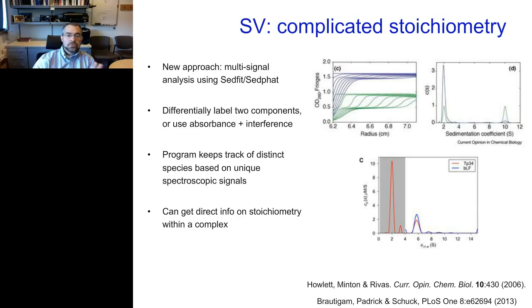You can use SedFit to keep track of these distinct species based on their unique spectroscopic signals. Here there's a peak, but you can look at the components of that peak, how much of A and how much of B are present in this complex. That's a really neat approach I think is going to have increasing use.